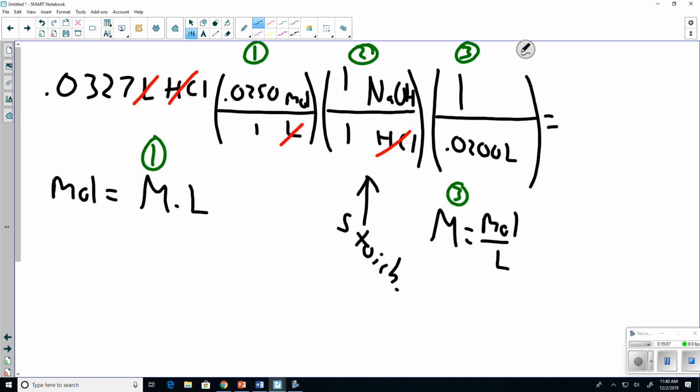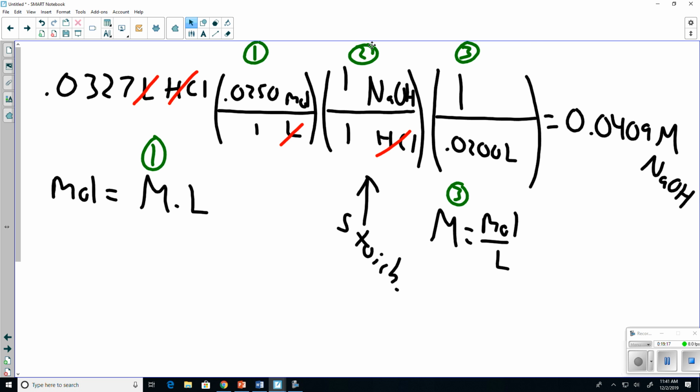Either method should hopefully give you the same answer, 0.0409 molar NaOH. I mean, I could have you solve for the volume as well. How much is required to neutralize this? But my goal for the rest of class today is to practice this solution stoichiometry.